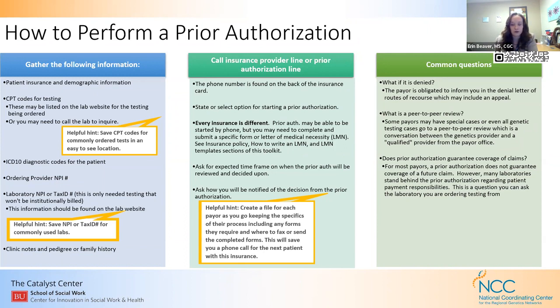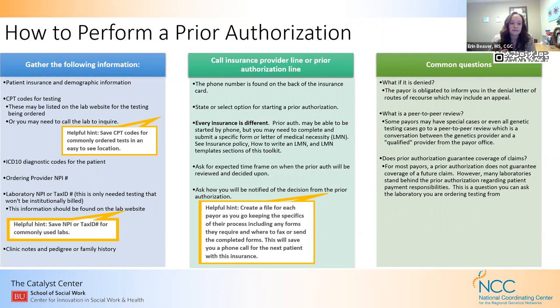There are some labs that do not post their CPT codes, but you should be able to call them and ask for those codes. Once you've got your CPT codes together, if you have common tests that you're ordering, I do think a helpful hint here is to make sure that you have a copy of those common CPT codes that are ordered in your office, kind of keep them together where anybody who's running these prior authorizations could have easy access to them. That's going to save you time in the long run.